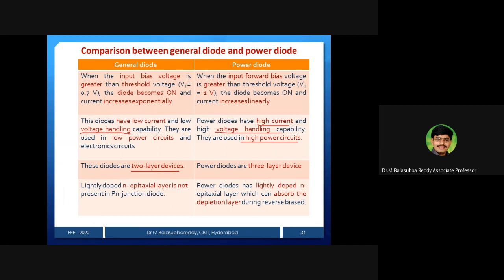Here we have only two layers, that is PN. But here you can see three layers, because the N-1 drift region is introduced.